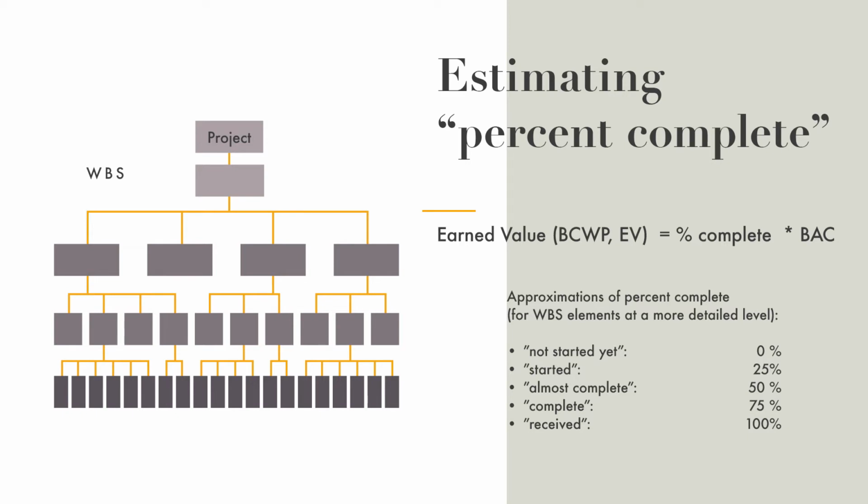For example, if someone says that an activity has not started yet, then it's 0% complete, started 25%, almost complete 50%, complete 75%, and when the next activity's responsible person says that he or she has received the results from this activity, then we can consider this activity as completed.